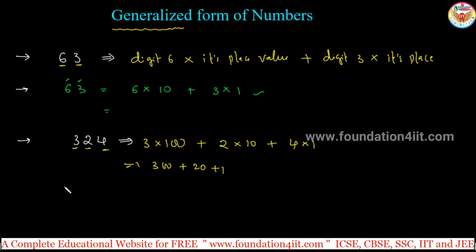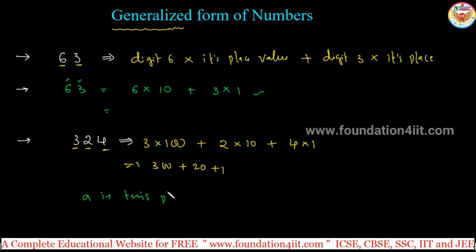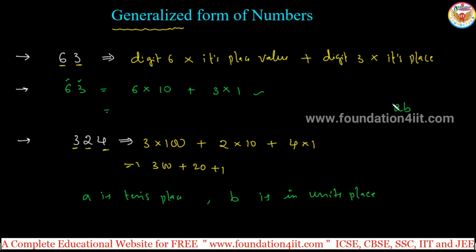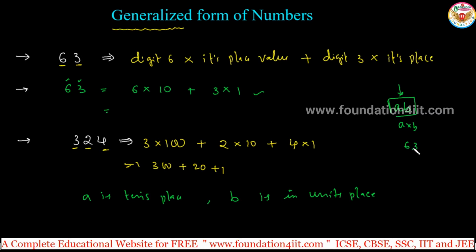Let us take one example. Let A be in tens place, and let's say B is in units place. Then the value of that number? Generally, if you write AB in mathematical notation, this is nothing but A times B. But if you write number 63, it's 63 only, it's not 6 into 3.